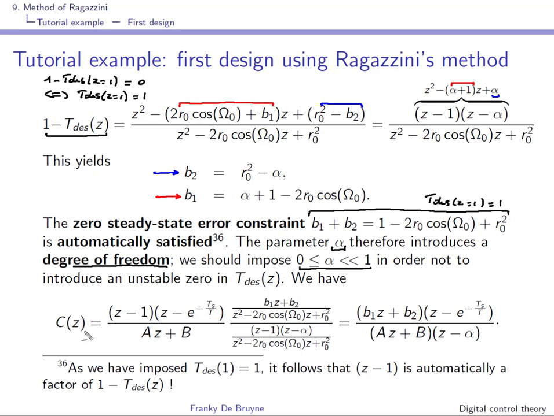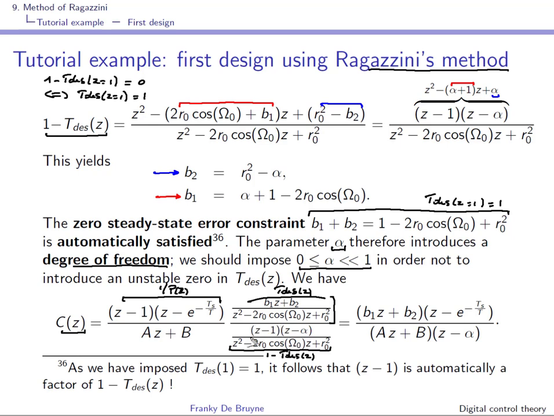Now we can compute our controller that is obtained using this method of Ragazzini. So it is 1 over P. This is indeed 1 over P. This one over here is T desired, and this one here is 1 minus T desired, and we know here that the numerator can be written like this.